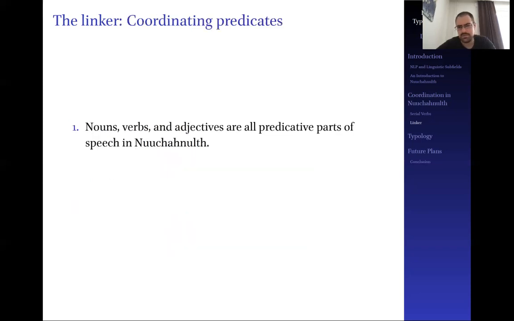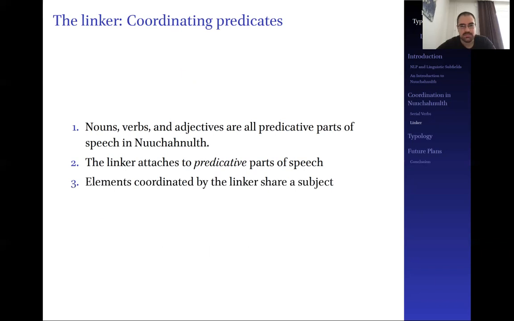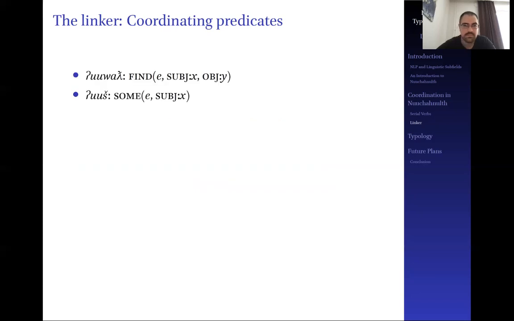So I said nouns, verbs, and adjectives are all predicative parts of speech. The linker attaches to predicative parts of speech as well. And elements coordinated by the linker share a subject. So what is actually going on here is, if we translate this into a sort of semi-formal semantics, the sentence has uwat, which is a verb, find.